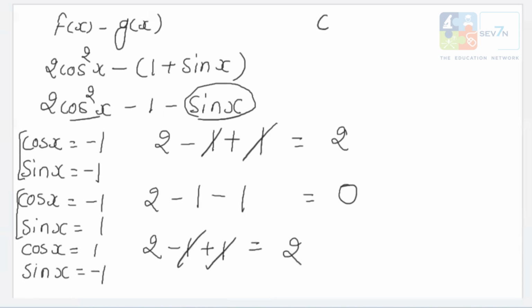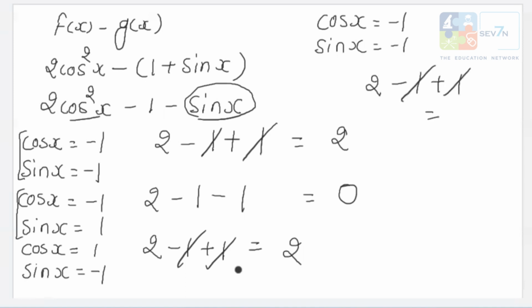And your last case is if cos x is 1 and sin x is also 1, both are positive. We have left with the last case. So 2 minus 1 minus 1, right? So this will be 0.